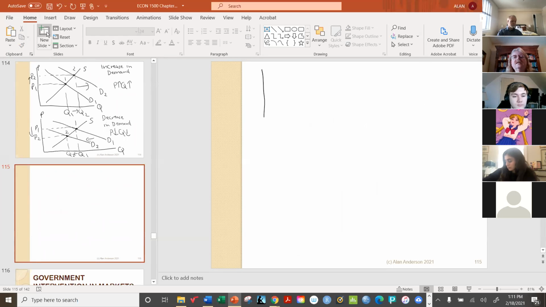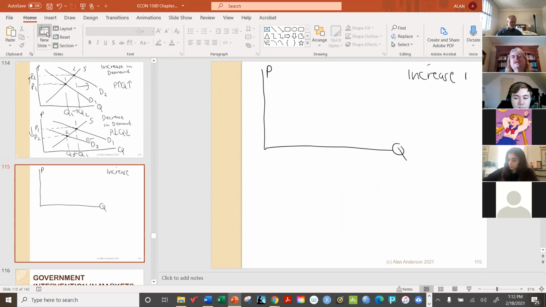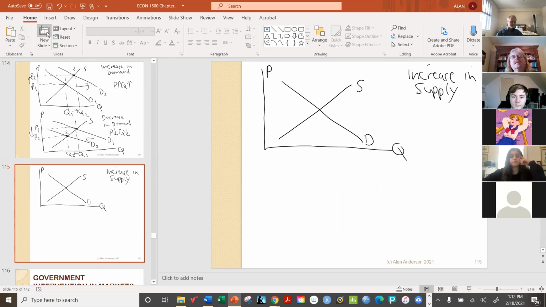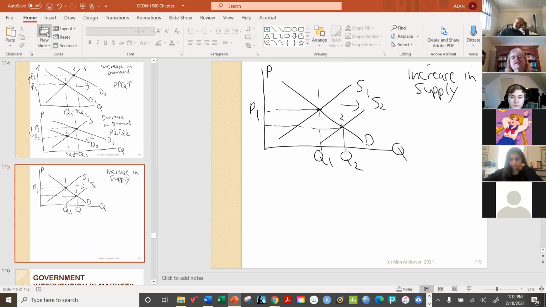How about an increase in supply, which we just saw basically. All right, so we like this case, that's for sure, because the price went down, the quantity went up.